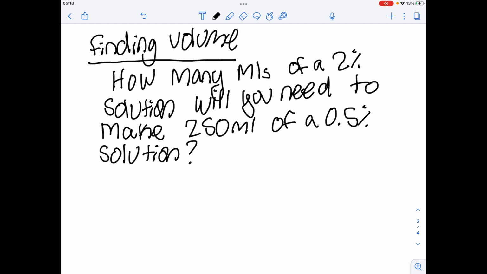Alright, so in our first example, we're going to be finding volume. So for this example, we're going to be looking at how many milliliters of a 2% solution will we need to then dilute to create 250 milliliters of a 0.5% solution. So as you can see here, we're starting with our higher concentration, we're diluting it by adding a diluent, and we're ending up with a lower concentration.